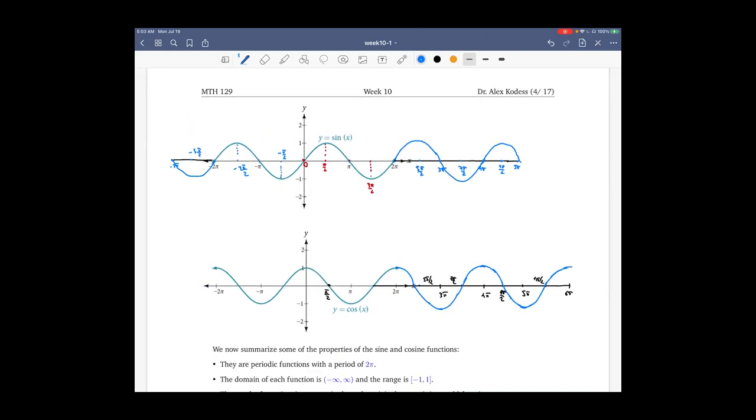In the same way, into the negative direction, this here is, of course, -pi over 2, -pi, -3 pi over 2. So next, it will be 0 at -5 pi over 2. And then it will be -1 at -3 pi.